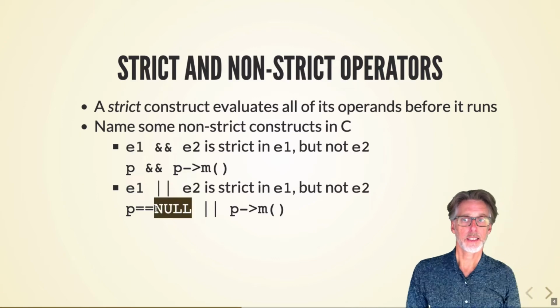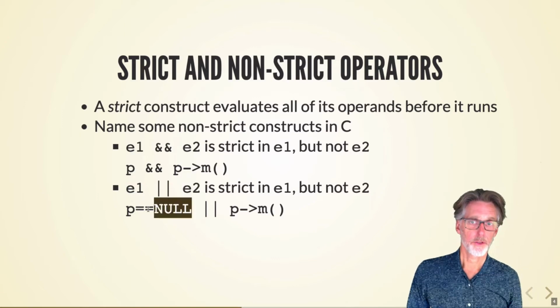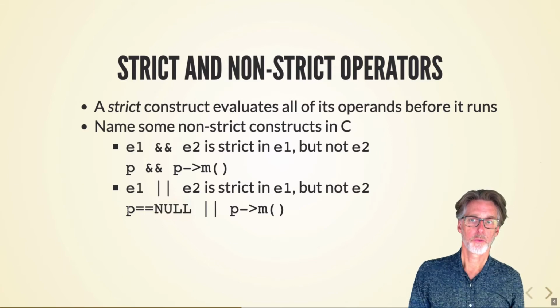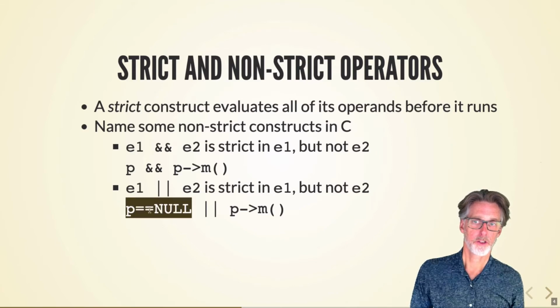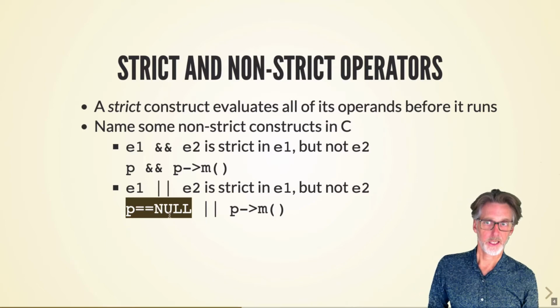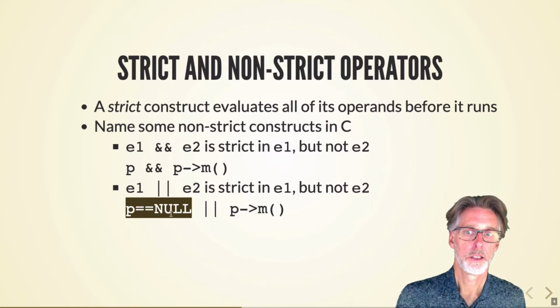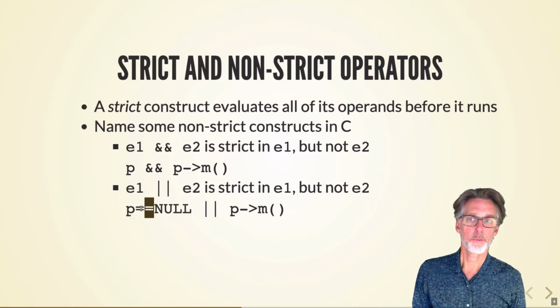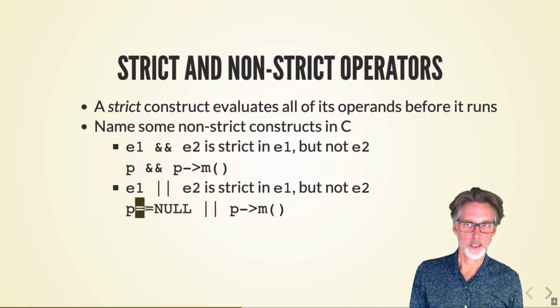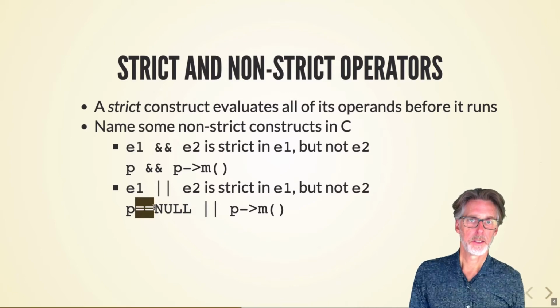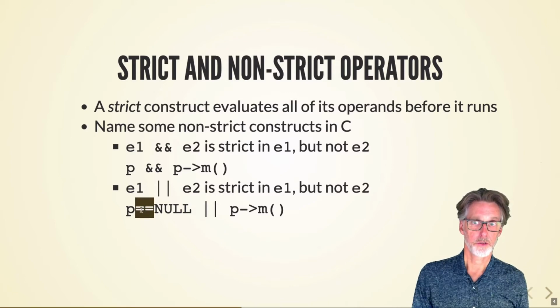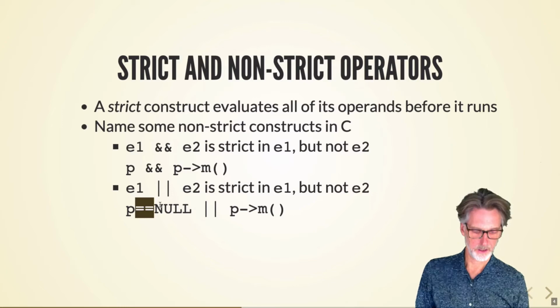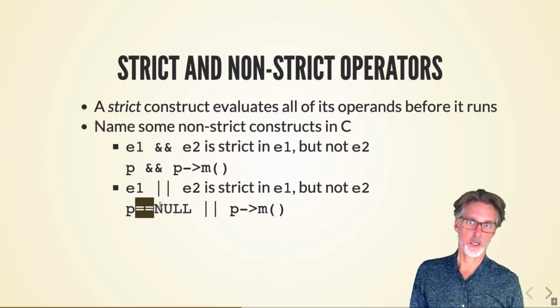So in this case, if we're doing this kind of null testing, we would want our first condition to be true in the case that P is null, so that we don't then evaluate this. The Boolean operators in C, the equality operator, I believe is going to return 0 or 1 on most implementations, but it's always going to return a non-zero value.